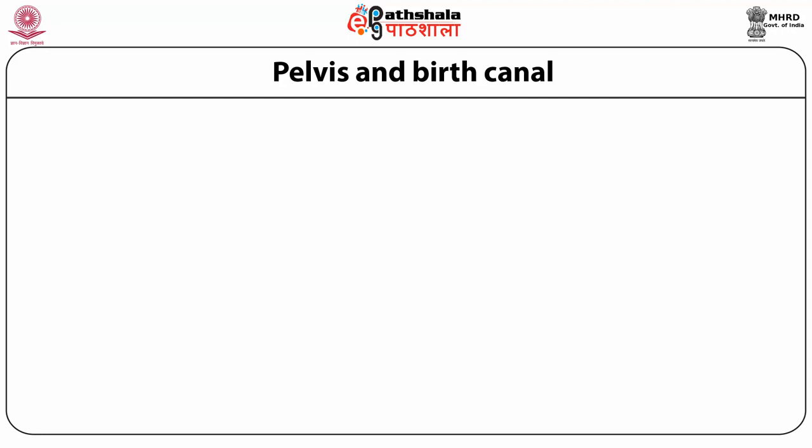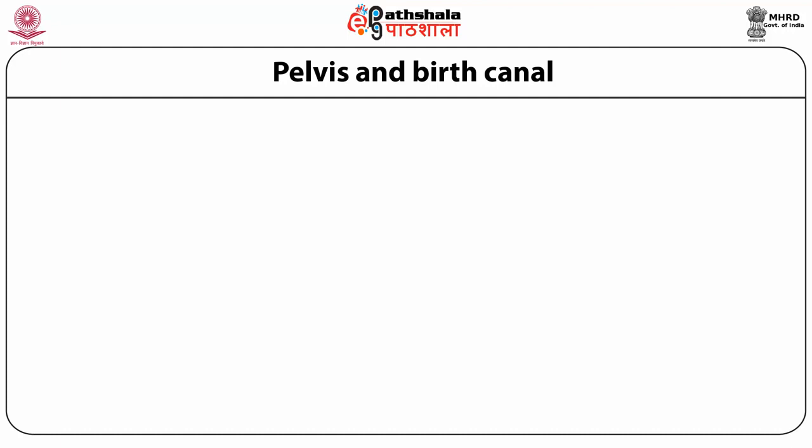Anatomically, the pelvis is made up of two innominate bones, also called os coxae. Each innominate bone is again composed of three bones: ischium, ilium, and pubis. These three bones fuse together during adolescence, along with the sacrum, part of the vertebral column.